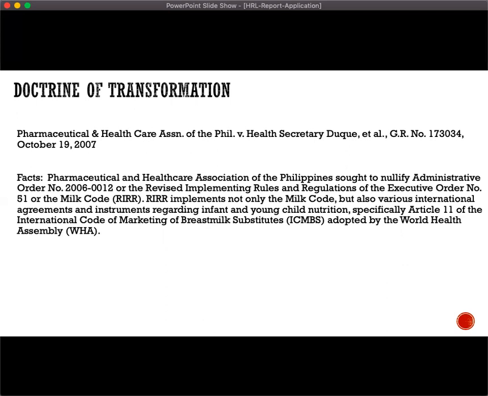Not only the Milk Code, but also various international agreements and instruments regarding infant and young child nutrition. So the Milk Code is an international code of marketing of breast milk substitutes adopted by the World Health Assembly.